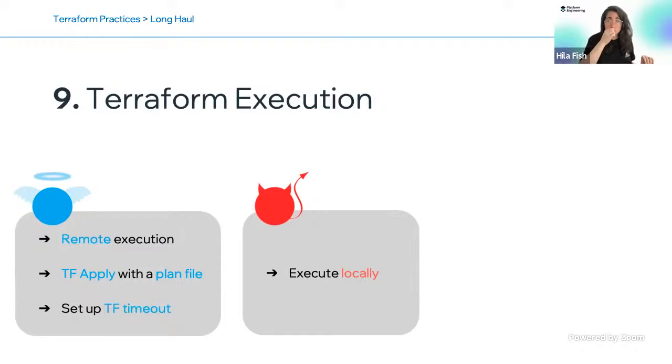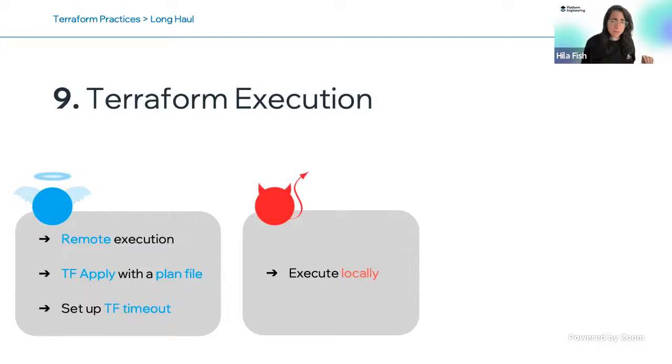For example, we use Atlantis, and when I run the Terraform apply through Atlantis apply, it handles the lock for me. So if someone else opens a PR on the same state file and tries to run, then it will say, hey, sorry, another PR is running, wait for your turn, and that's that. So that's another reason to have Terraform remote execution.